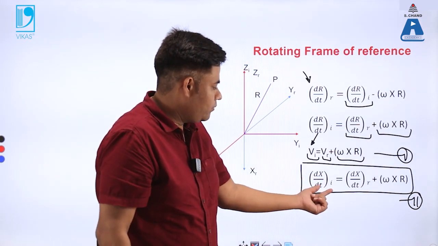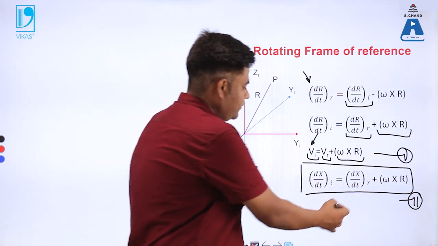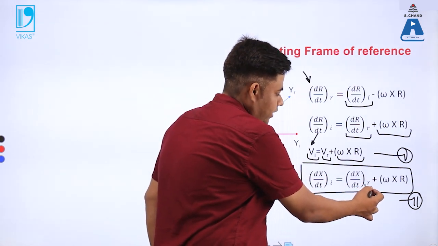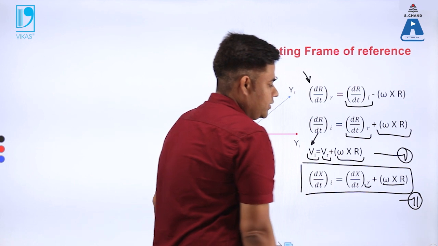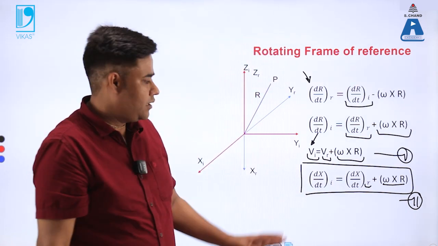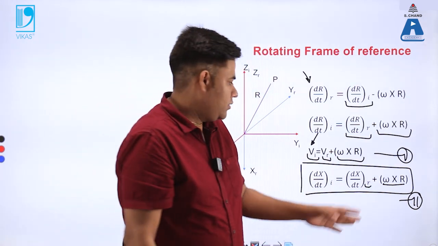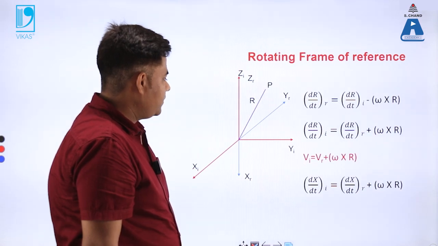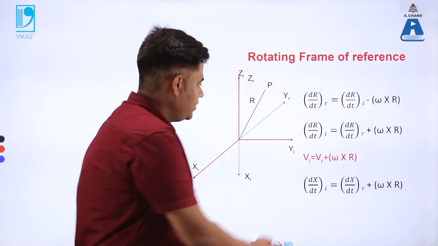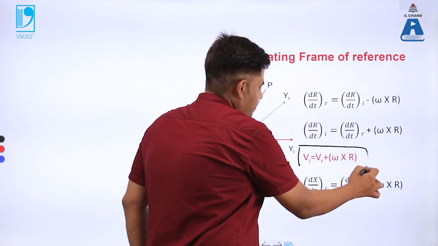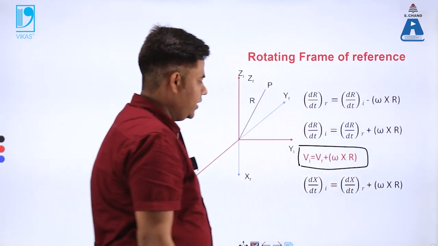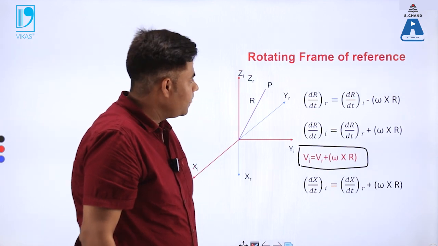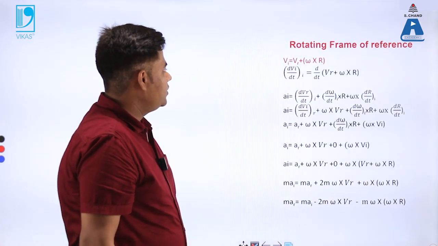This is the velocity component for the inertial frame of reference, the velocity component for the rotating frame of reference, and this part is the angular velocity multiplied by the distance, which would also be r. Coming back to the expression vi equals vr plus omega cross r, we would be substituting the values.